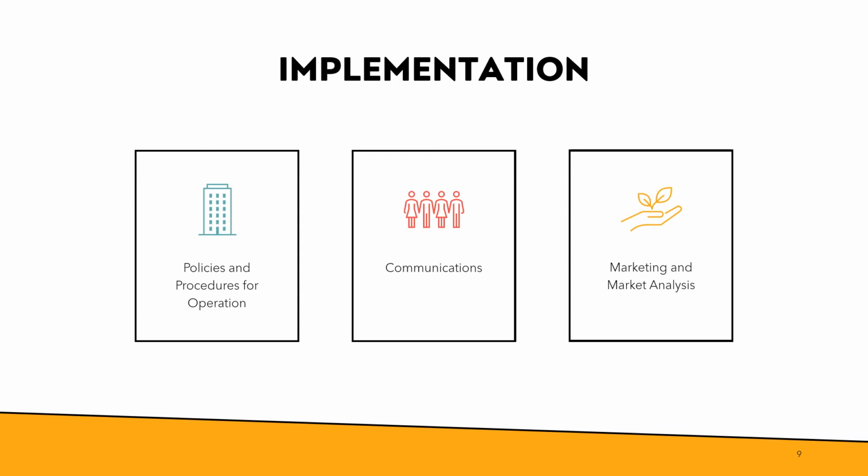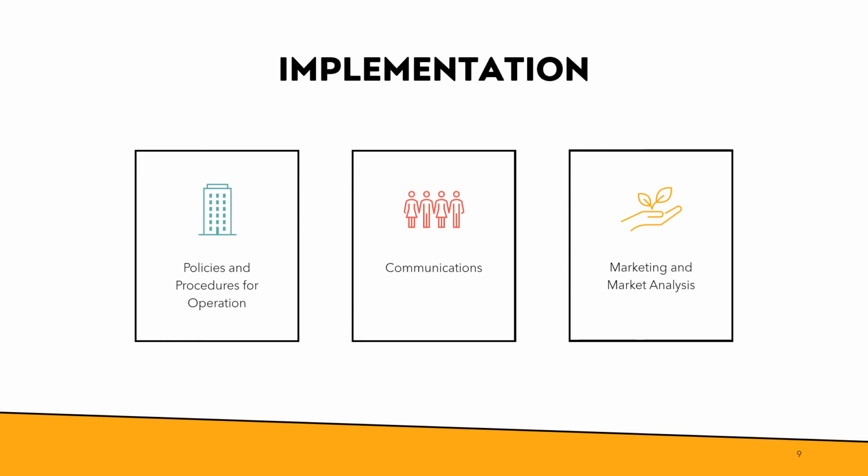Okay, so how do we work through implementation? There are several components that it's important to think about. So we already talked about building your team. We already talked about looking for relevant data for comparison.